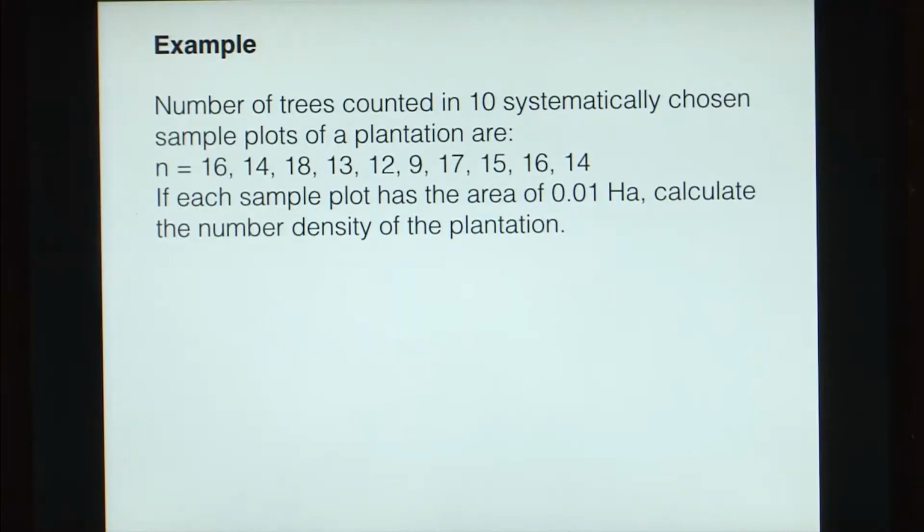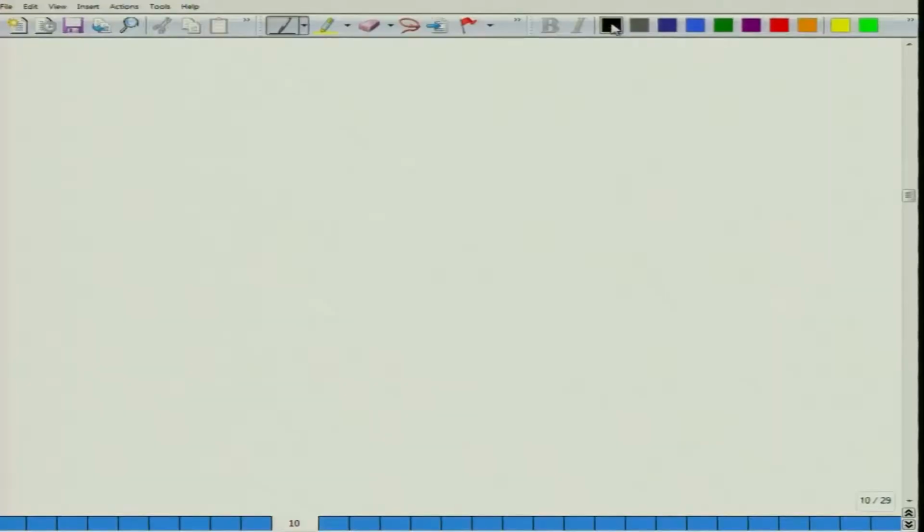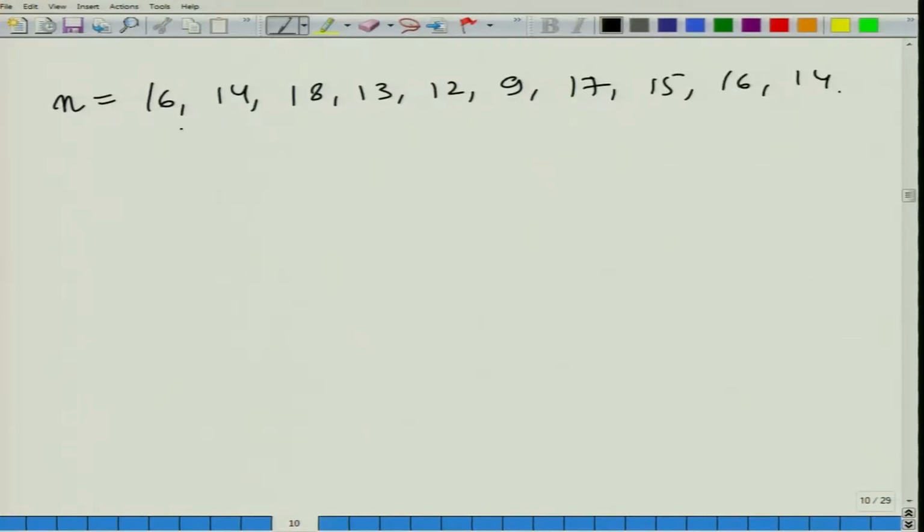So here the number of trees is 16, 14, 18, 13, 12, 9, 17, 15, 16 and 14. So we have 1, 2, 3, 4, 5, 6, 7, 8, 9, 10 samples.